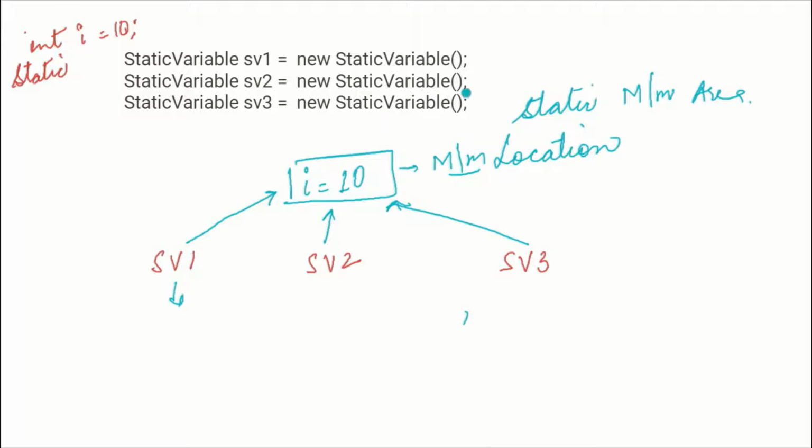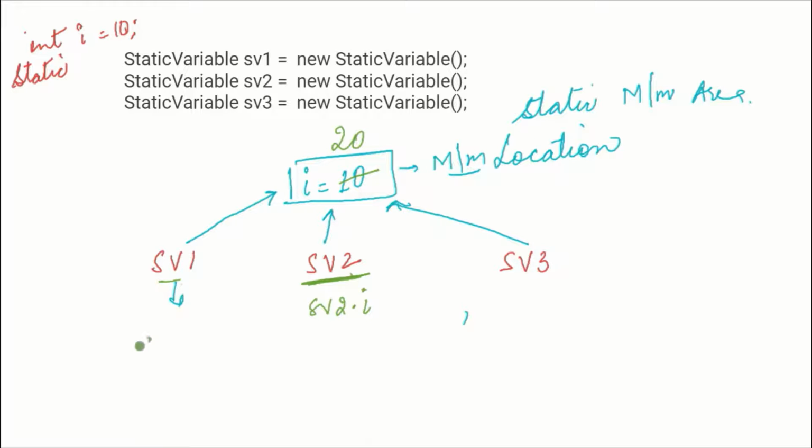Just for the understanding, we are creating the objects, right? Now if let's say this one object decides to change the value of the I variable, the location is 1 only, right? So SV2 is trying to change the value from 10 to 20. Now what happens? The rest of the objects SV1 and SV3 are also pointing to the same location.